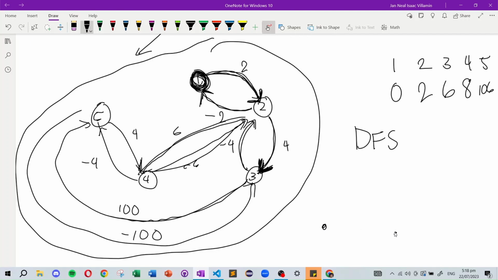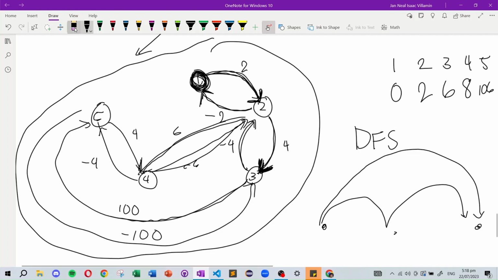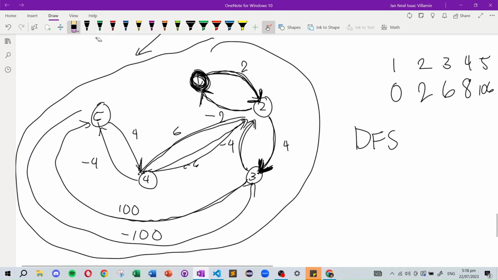So, for example, in a number line, going from here, then here, it must be the same as going from here to there. And since we never visit a vertex twice based on our algorithm, we maintain a path. So we don't actually repeat cycles over and over again until we get an infinite negative weight cycle or an infinite positive weight cycle.